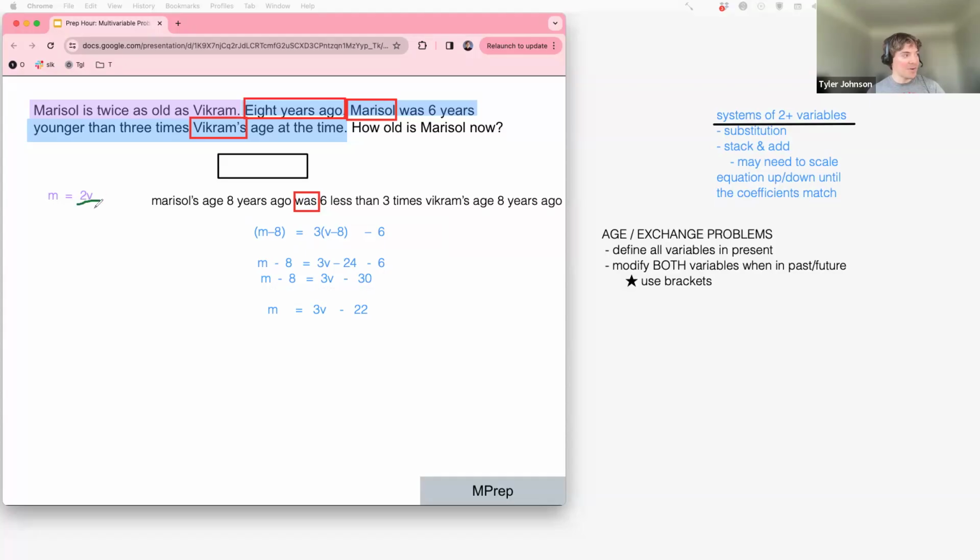I know m is equivalent to 2v. So m is going to be equal to v, which means Vikram is 22 right now. The question is, how old is Marisol? Well, Marisol is double that. So your answer is 44.